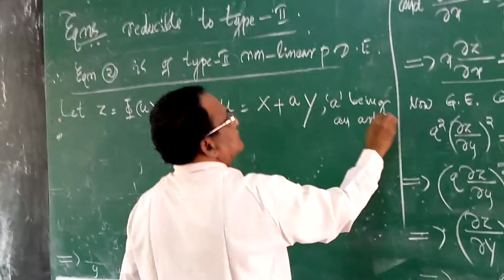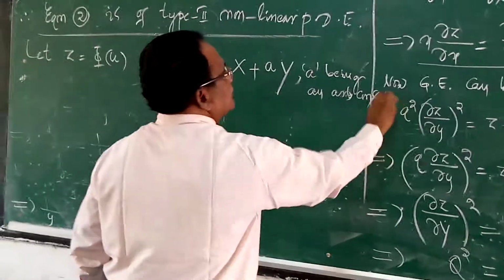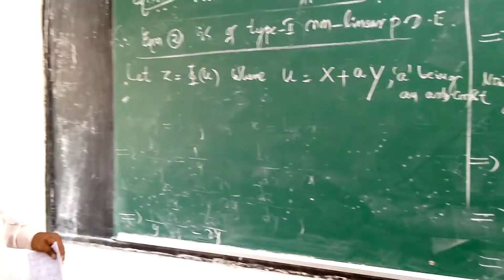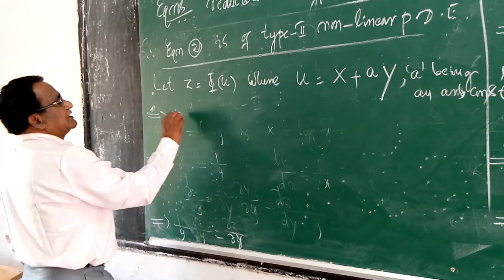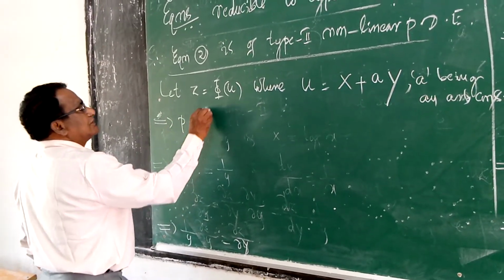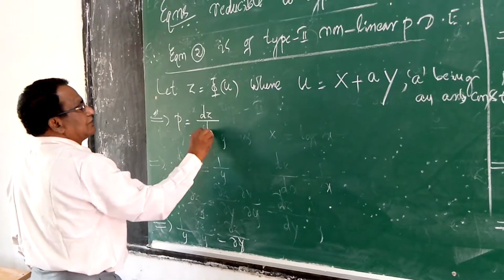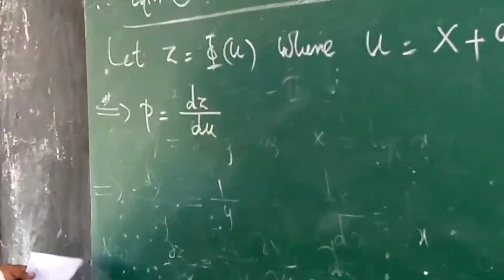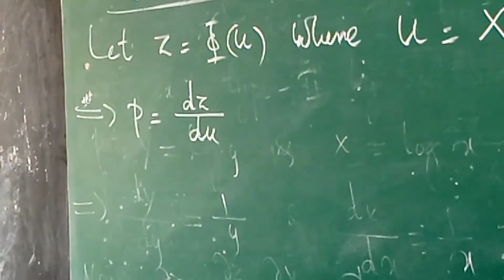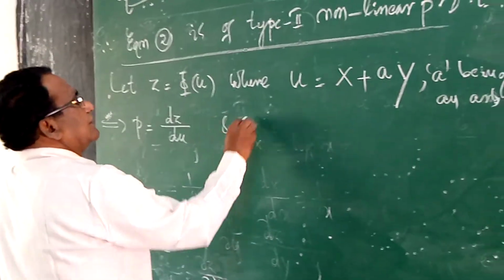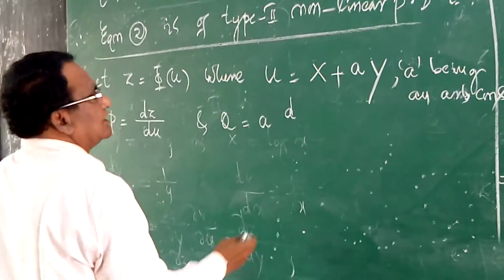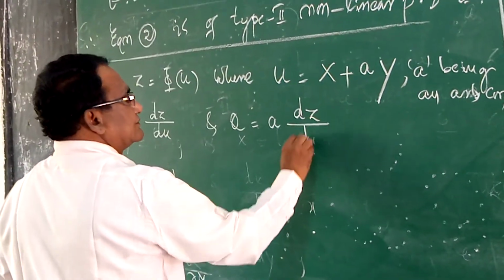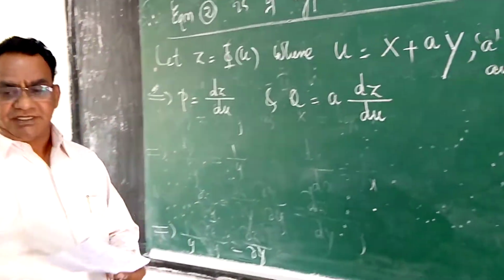On differentiation, this implies that capital P is equal to dz by du, and capital Q is equal to a into dz by du.